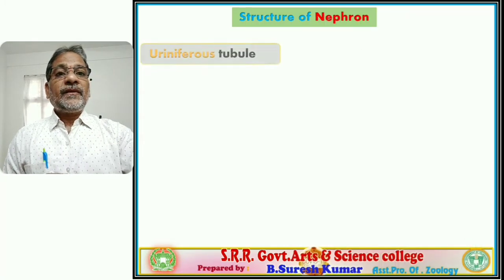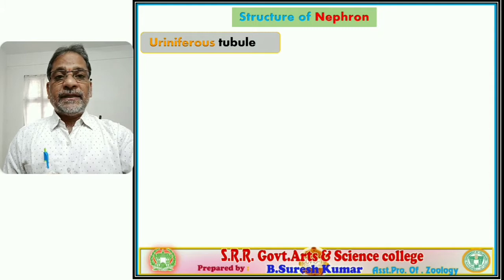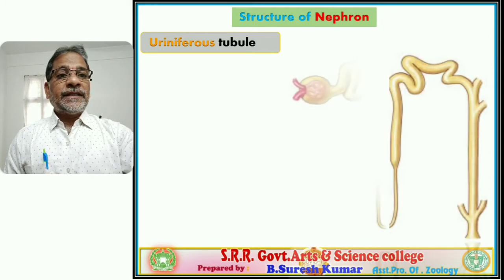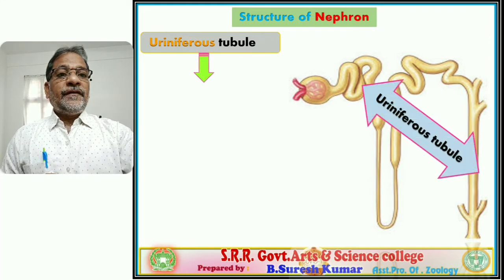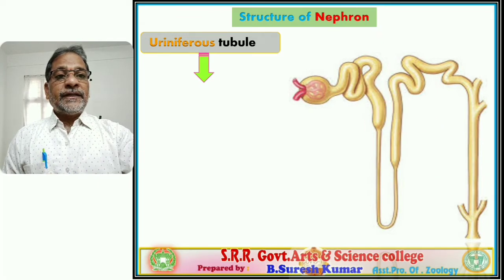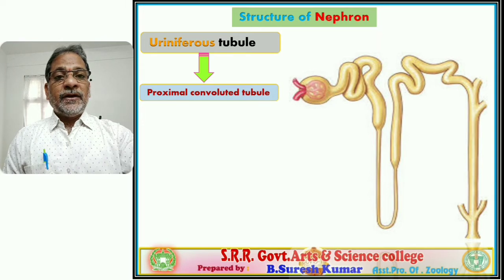Next, second, the uriniferous tubule. It is a long coiled tubular structure. You verify the uriniferous tubule in the diagram. This is the uriniferous tubule, a long coiled tubular structure. It includes various parts, sequentially. The first one is the proximal convoluted tubule.